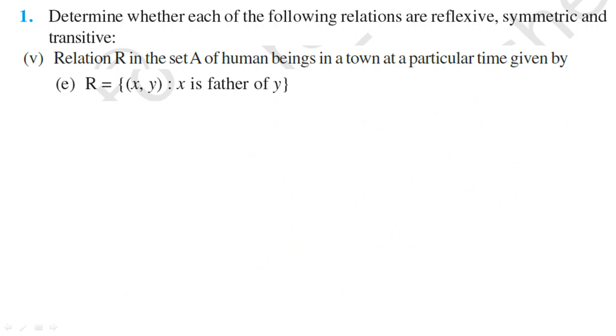Now, the last question of this video, X is father of Y. Again, this one is the same content as that of previous one. In case of reflexive, how can I say X in relation to X? That is, X is father of X. This one is not feasible.